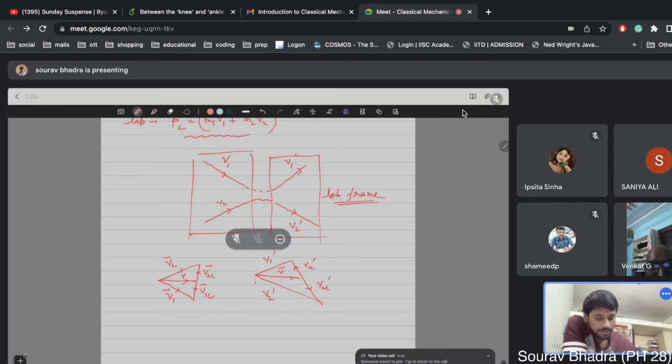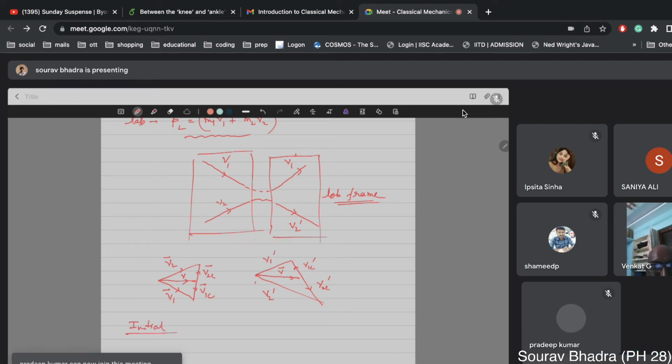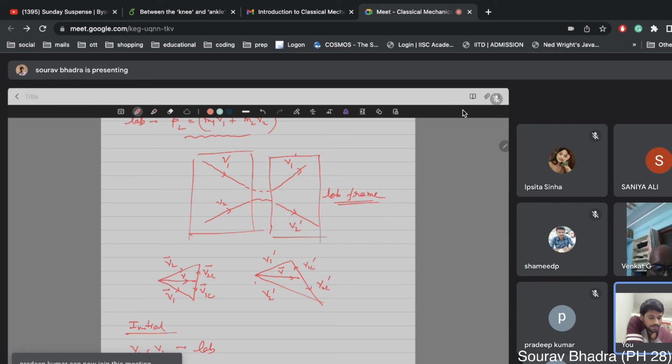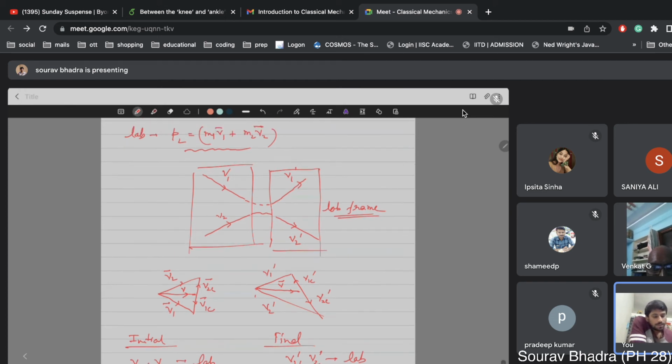Okay, so let me write it clearly. Initially v1 and v2 were in the lab frame, v1c, v2c in the center of mass frame, and finally v1 dashed and v2 dashed are in the lab frame, and v1c dashed and v2c dashed are in the center of mass frame. So we have converted our initial velocity and final velocity from the lab frame to the center of mass frame.